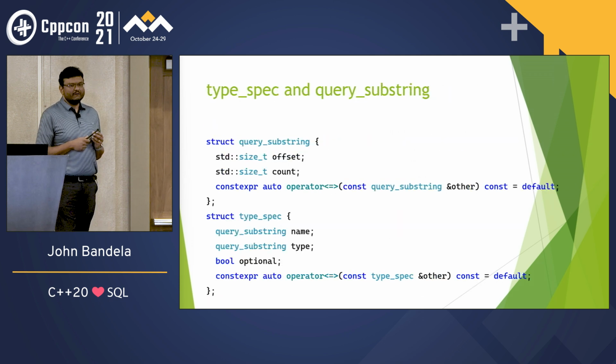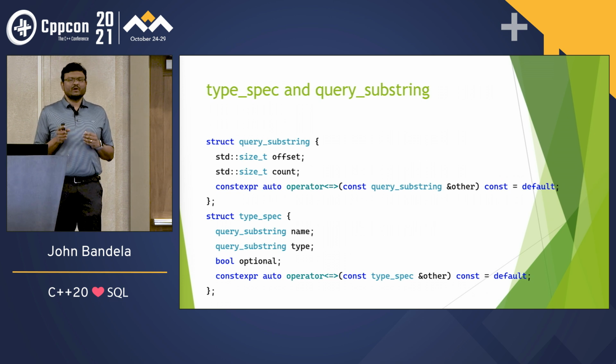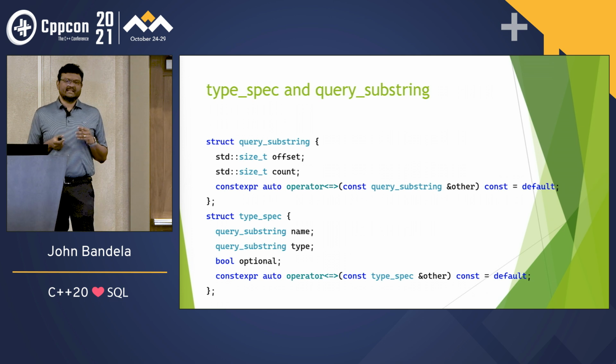In the type spec itself, we store the name, type, and whether it's optional or not. We use something called a query substring. Like I said, we need structural types, so we can't have pointers or references. So we keep the whole query string unchanged, and we just store the substrings as an offset and a count into the big query string itself.